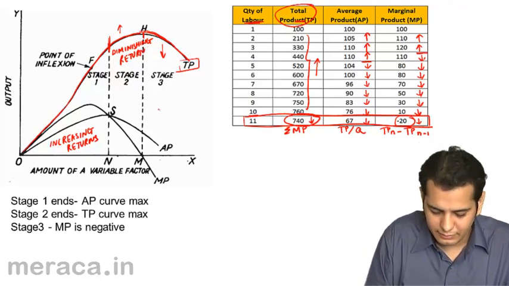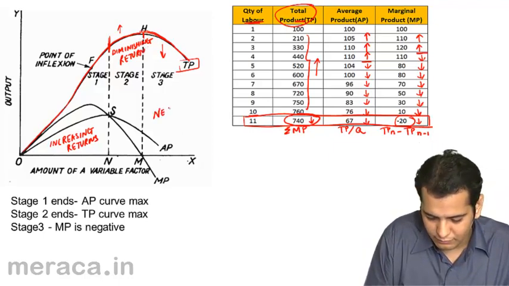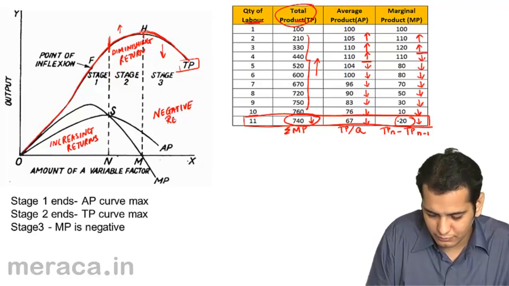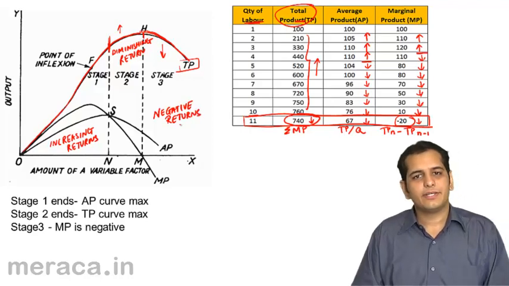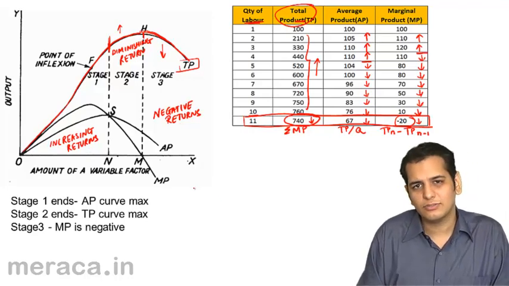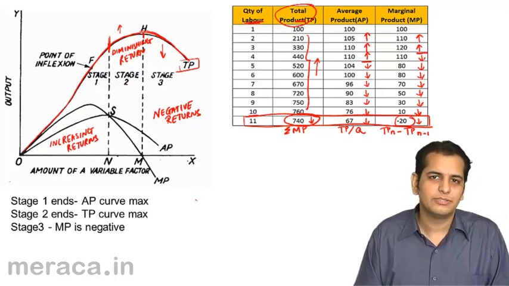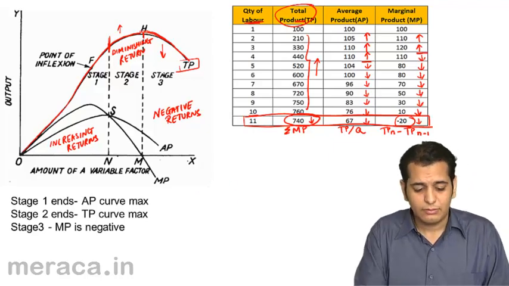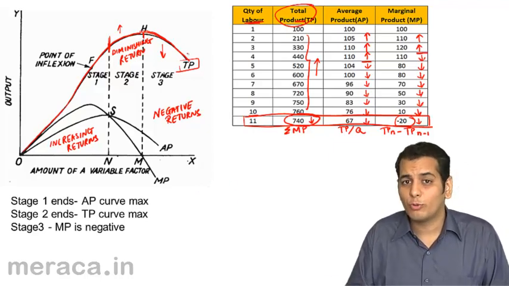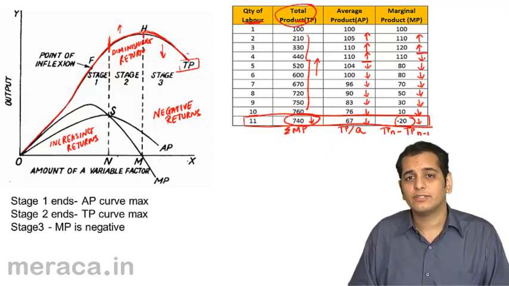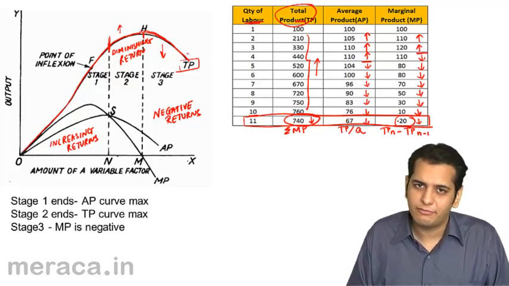And finally, we have negative returns in stage 3. Now, why do we call them increasing returns, diminishing returns and negative returns? Let's see. We've only understood the curve total product here.